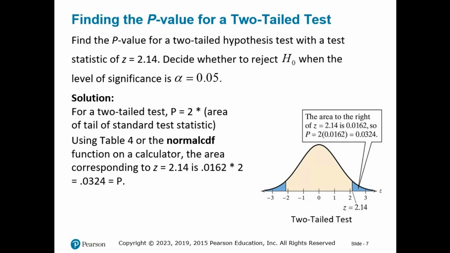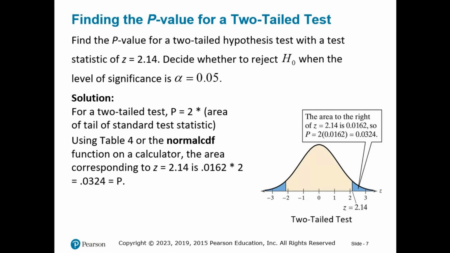In order to put in a large negative number, you put the negative sign, then 1, then second, then the comma, and then 99, and that gives you your large lower bound. Then press enter, then put in 2.14 as your upper bound, and press enter as many times as you need to calculate. We should come up with 0.0162.